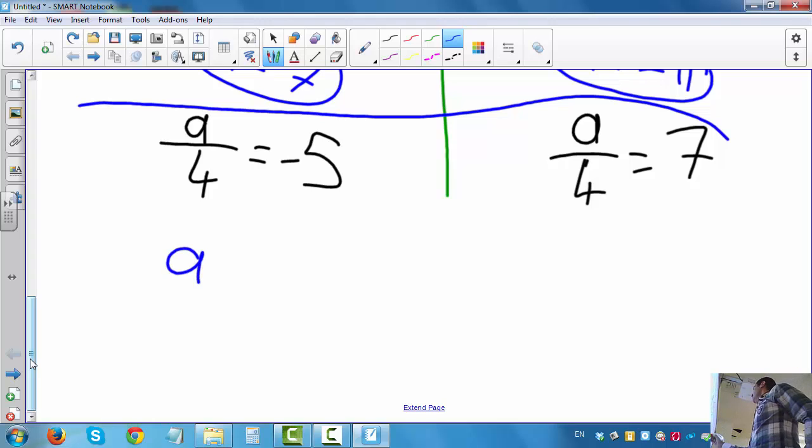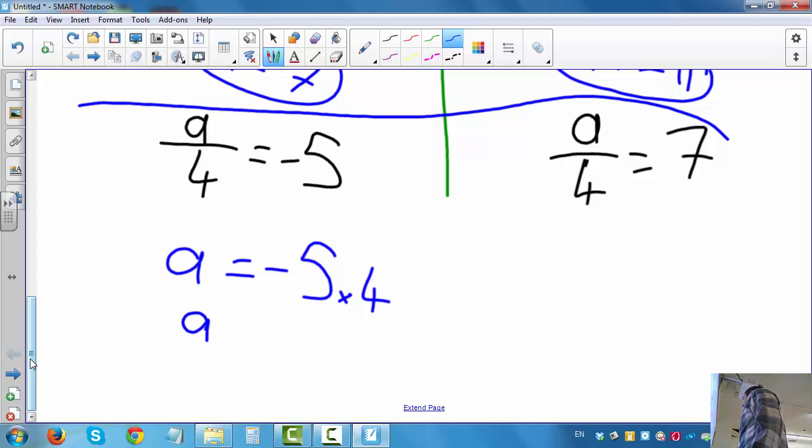So A equals minus 5. As you can see, I am not touching the ones I am not supposed to be touching. So the only thing, the 4, I need to send to the other side. And when I do that, 4 times, not multiplication this time, minus 5 times 4. And that is, if you use your calculator, you'll get minus 20.